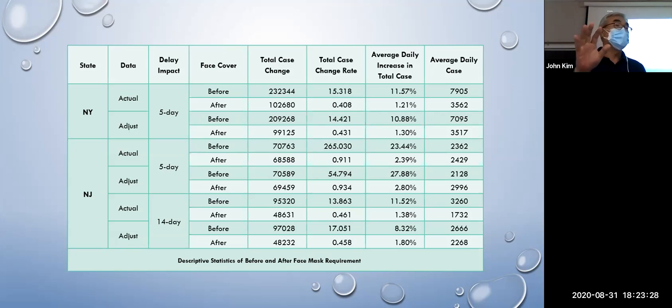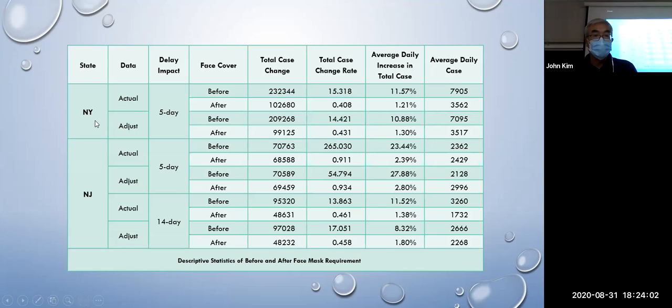Most infected people show symptoms like cough, runny nose, sore throat, and something like that, up to 14 days. So use 5-day delay and 14-day delay impact. Then compare before and after.